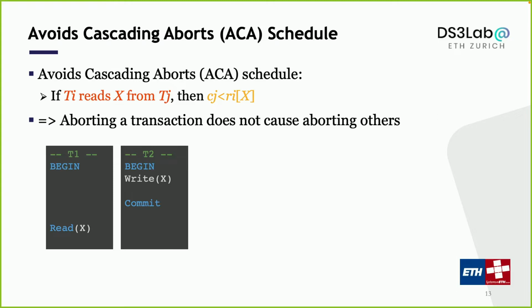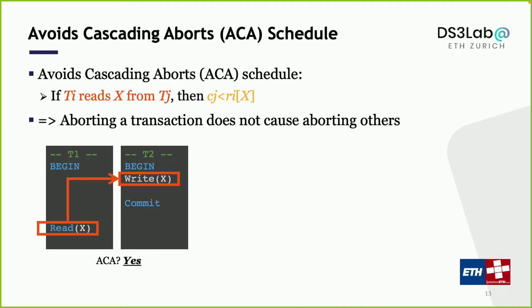To look at it, let me go back to the definition. Here, T1 reads from T2. T2 updates something, and T1 reads it. Now I have this read-from relationship between T1 and T2. If this schedule is in ACA, it means that T2 must commit before the moment T1 reads it.